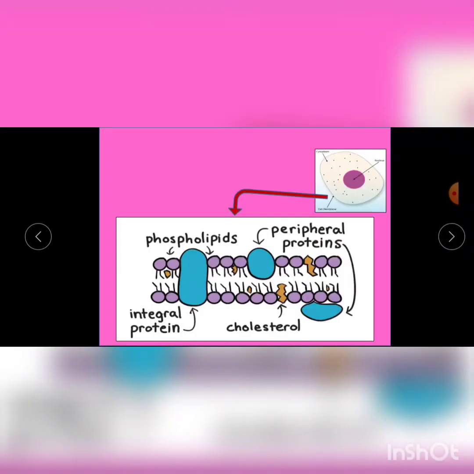Now let's see with clarity how the structure of the plasma membrane actually is. So when we see the cell membrane or plasma membrane and magnify it, we'll see the structure is somewhat like this.